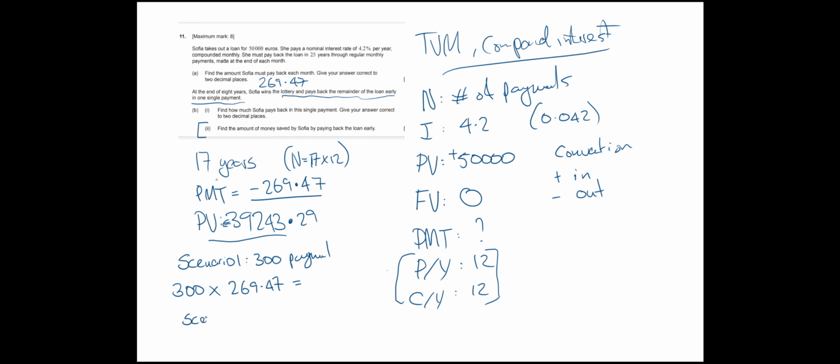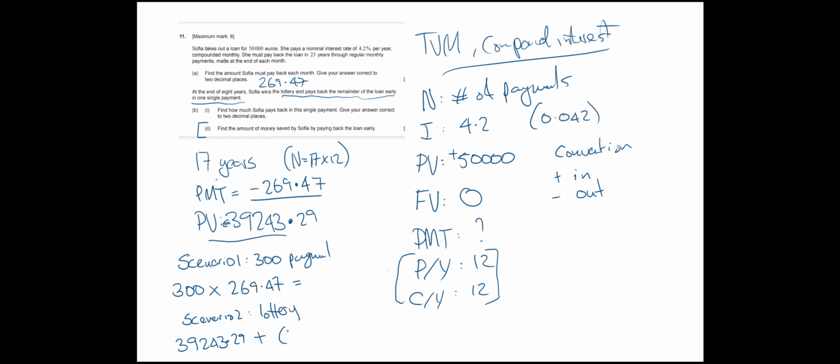The second one, scenario 2, is when we win the lottery. So it's going to be this amount here, which is 39,243.29. So even though you win the lottery, you're still going to pay that. Plus, now, how many payments did we make before we won the lottery?